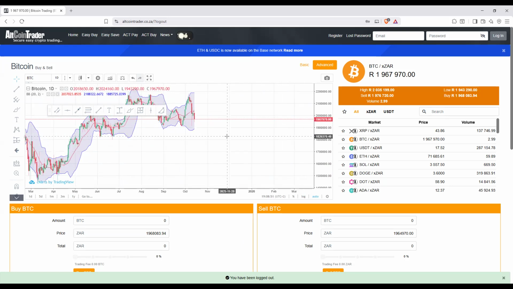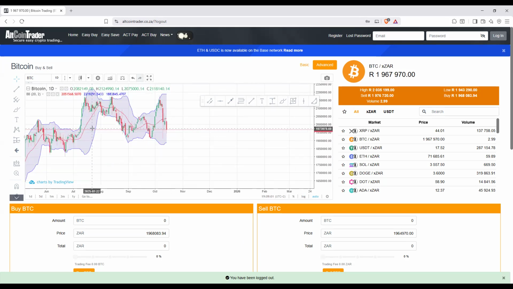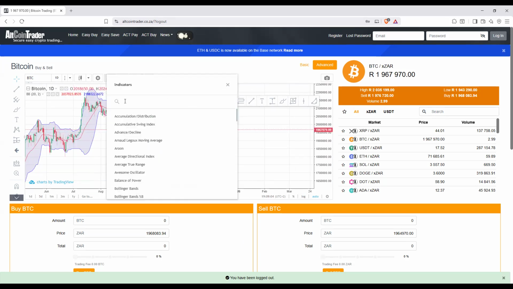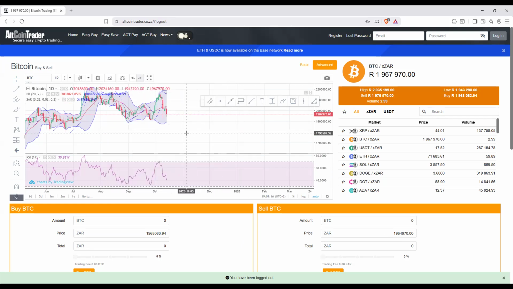I'm just scrolling the mouse forward to zoom in on the current markets. And then we started adding things like RSI, the relative strength index, parabolic SAR, and different tools.